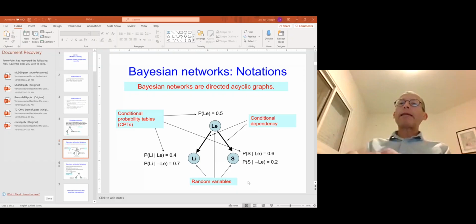Okay, so this is a Bayesian network. This is the terminology, the language in which a Bayesian network is defined.